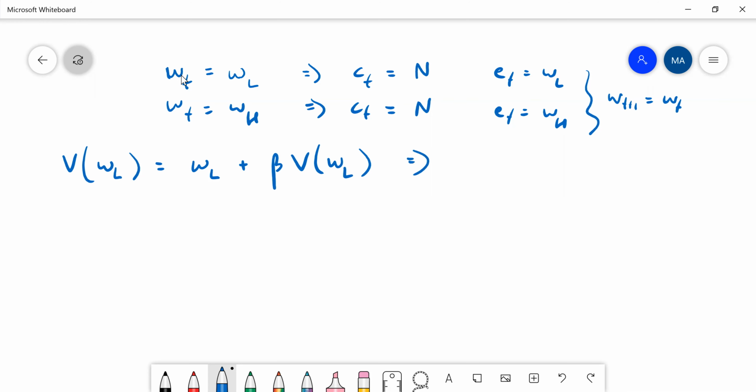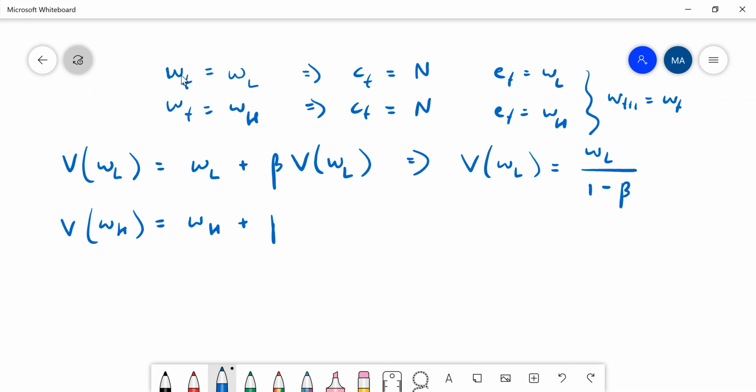So then from this, I know the value of being at that state. And then I also know by the same reasoning, under no search, the value of being a high-wage worker will be equal to that. Because we are executing this policy of no search for the rest of the history. Okay.